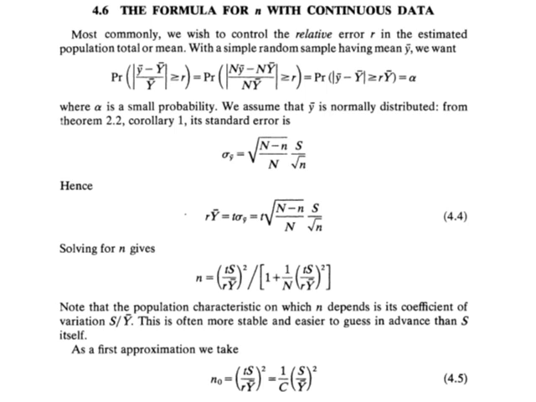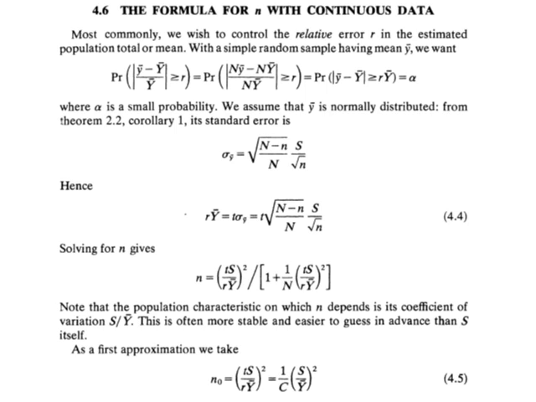We assume that ȳ is normally distributed, from Theorem 2.2. Clearly, its standard error is σ_ȳ = √((N − n)/N) times s/√n.